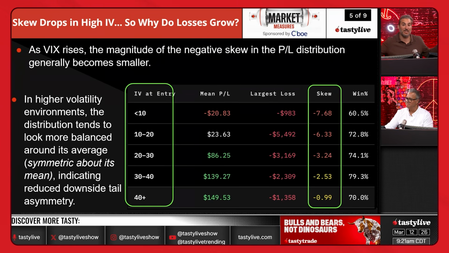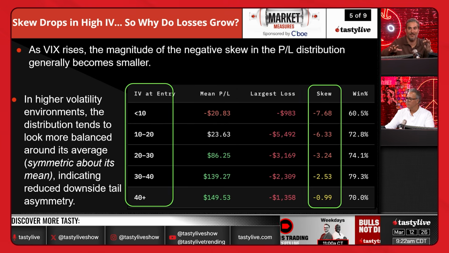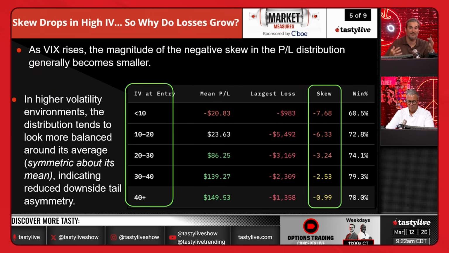And it's because implied volatility is generally overstated relative to what actually happens. You can see this across the board in the mean P&L. When volatility is super low, your large losses are much lower than what you would see when volatility is in the middle range, but it stinks trading that. You're not seeing a lot of positive trades because you're not getting paid to take that risk.